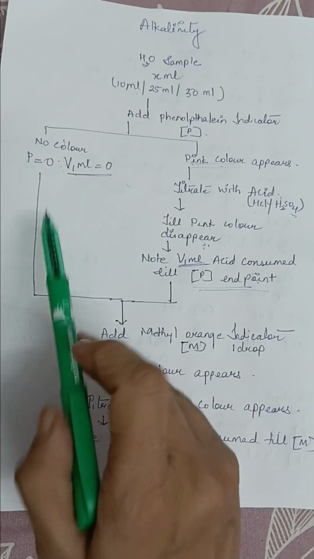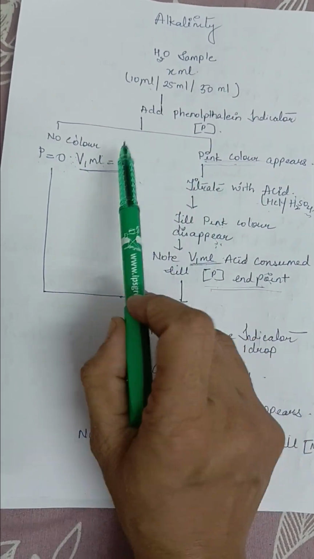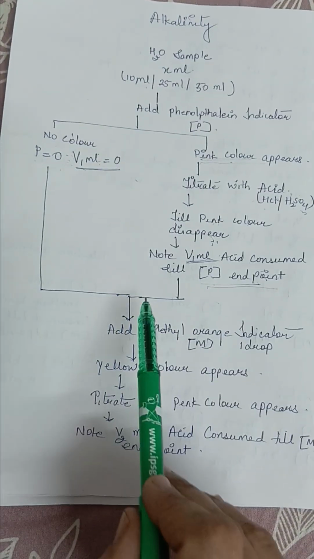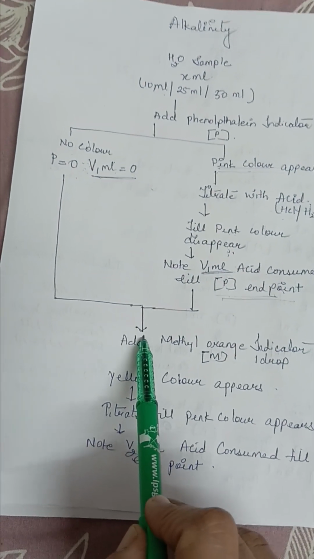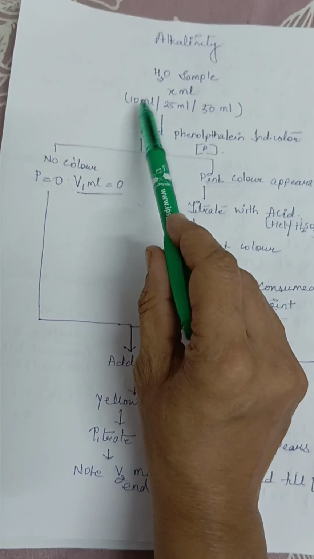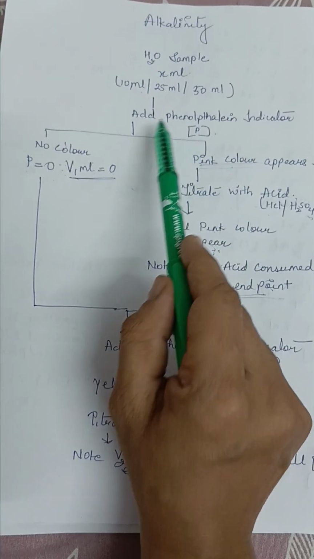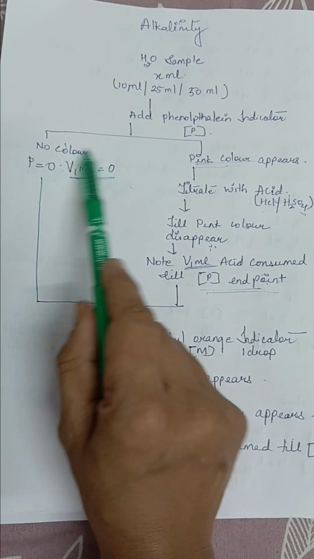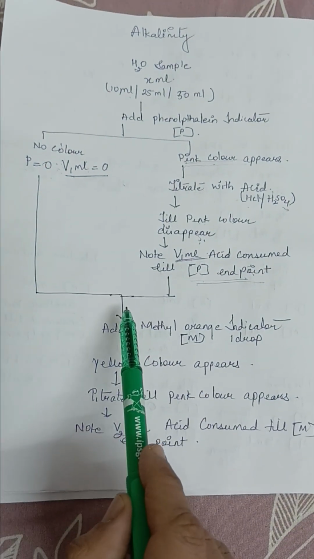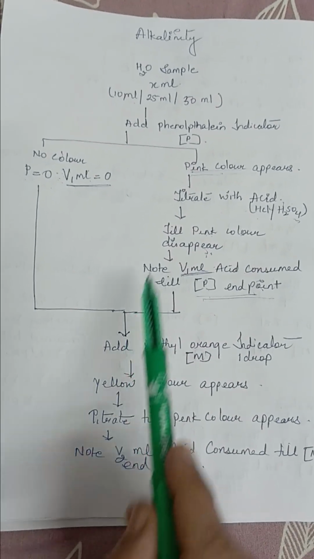Now, in either condition, the first or the second, we can continue this titration in the same conical flask. I am again explaining: we have taken a sample of water and added phenolphthalein indicator. If in the first condition no color appears, we can add methyl orange indicator in the same conical flask.